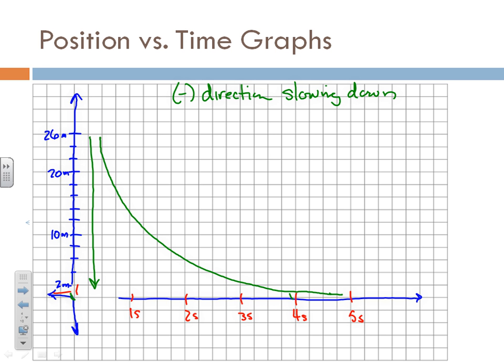So that's basically everything there is to know about position versus time graphs. First, if you're traveling at a constant velocity, you're going to see a straight line. That's constant velocity. When you see a curve, specifically a parabola, that means the object must be accelerating.